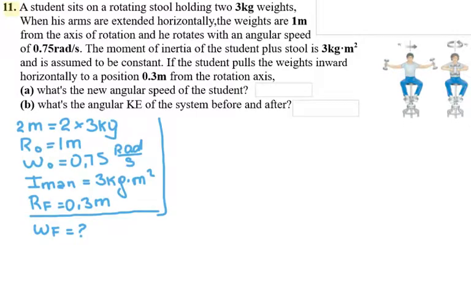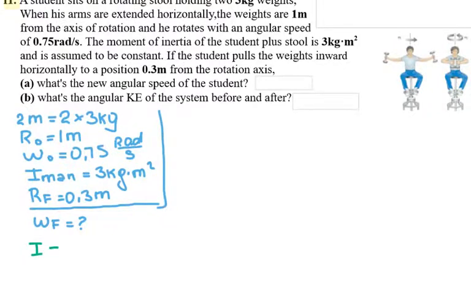So here I wrote everything that is given. You have two masses, so I'm going to take 2 times 3 kilograms, and they're on the outer side of rotation, so that means they are like a hoop. So the inertia of those two masses is going to be the same as for the hoop, which is mr squared.